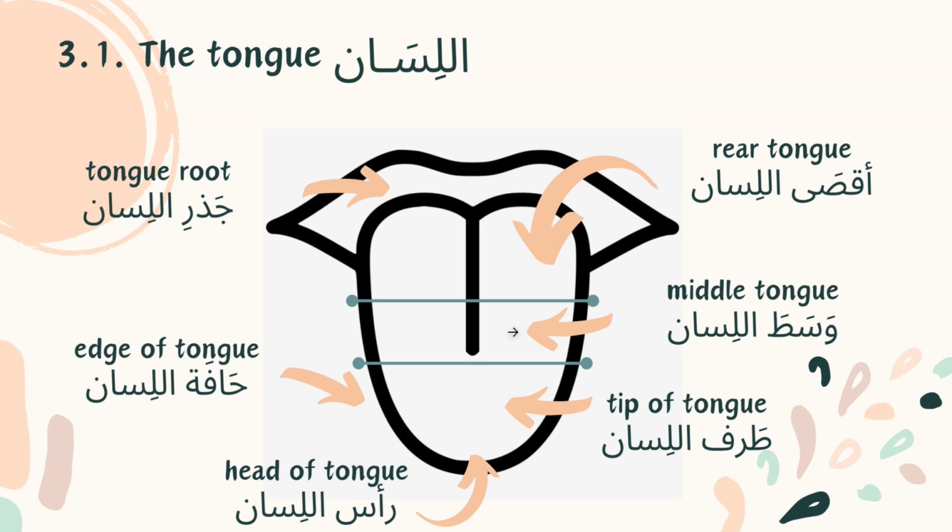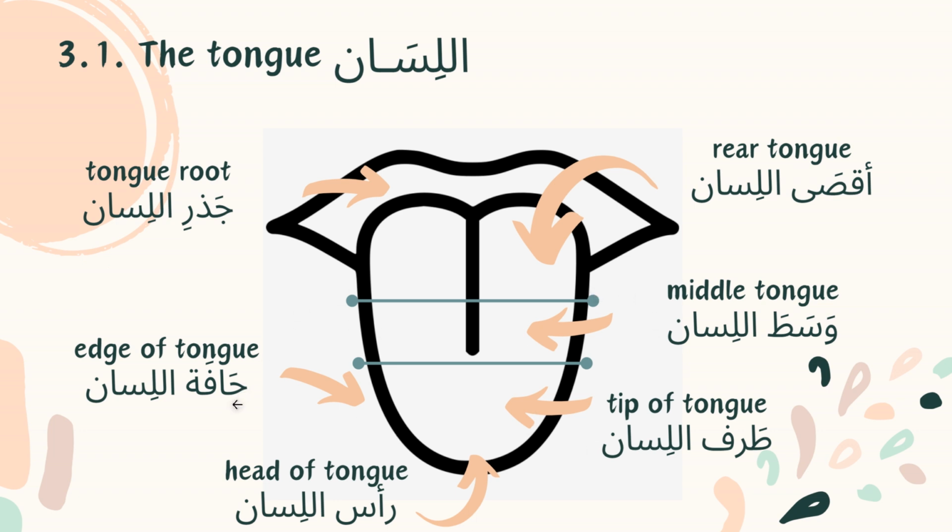And then the middle part of the tongue, and then the front part, the tip of the tongue. This part, okay? And the tip of the tongue is not just this dot. This dot is called the head of the tongue. But this part is the tip of the tongue. So we have the tip of the tongue, the middle part of the tongue, and the rear tongue, or the furthermost part of the tongue. This is where the tongue is tied, and this is where the tongue is loose, all this area, okay?